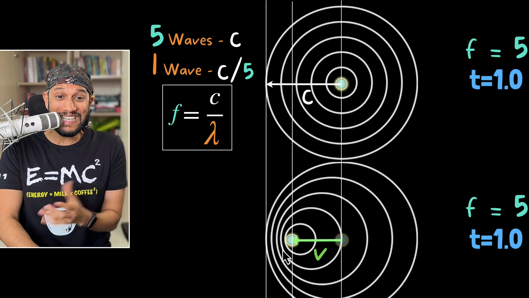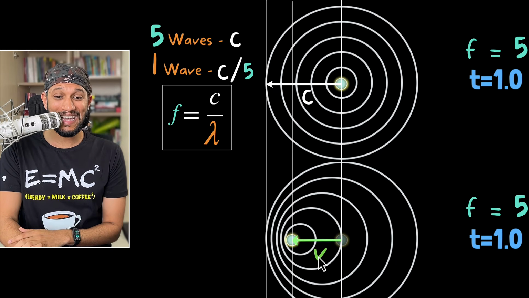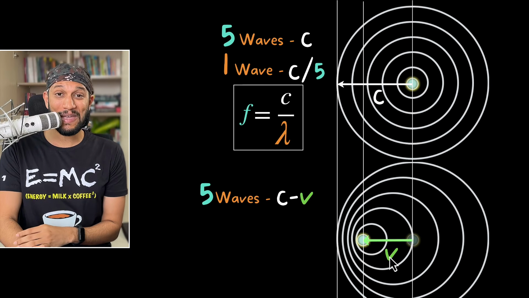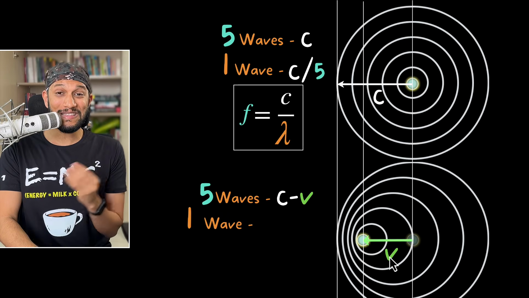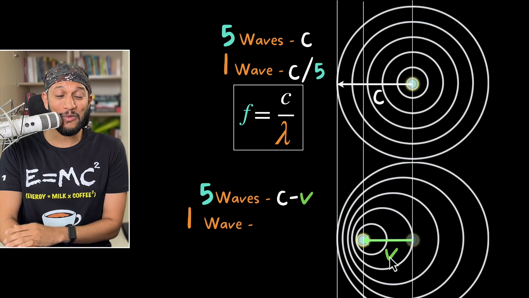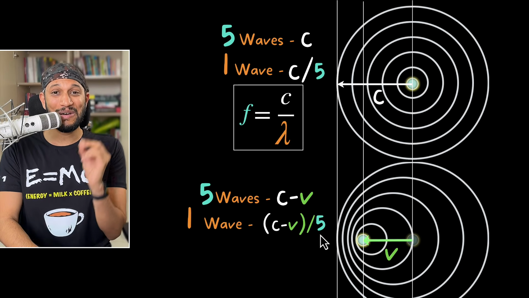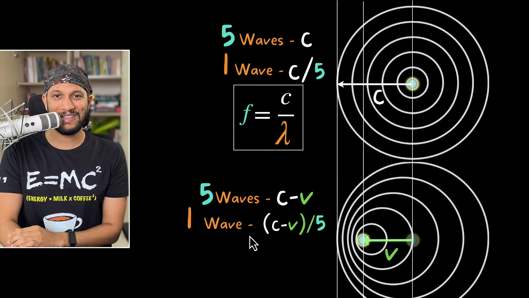How much distance is that? Can you see that is c minus v? And therefore, this time, the 5 waves occupy a space of c minus v meters. Therefore, what is the wavelength? How much does one wave occupy? It occupies c minus v divided by 5. This is the new wavelength.